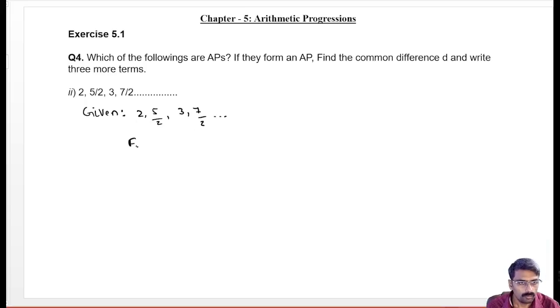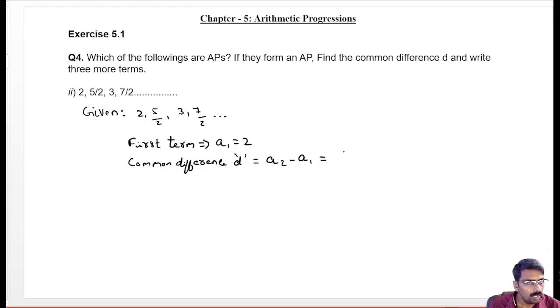So first term A1 will be equal to 2. Common difference D will be equal to A2 minus A1. So that will be equal to A2 here is 5 by 2 minus 2.